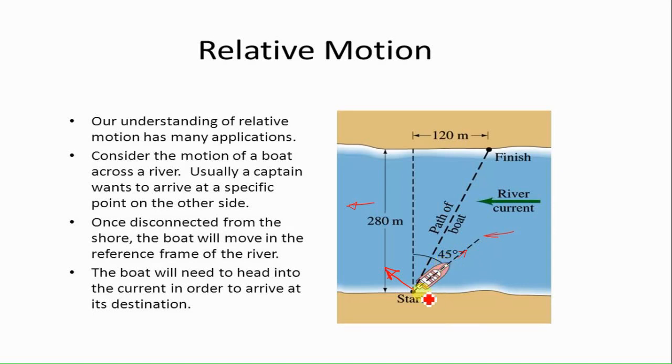And if it is given that the boat is moving at a certain angle theta with the ground before the movement of the boat, then the angle will be given with respect to the ground. So once disconnected from the shore, the boat will move in the frame of reference of the river.